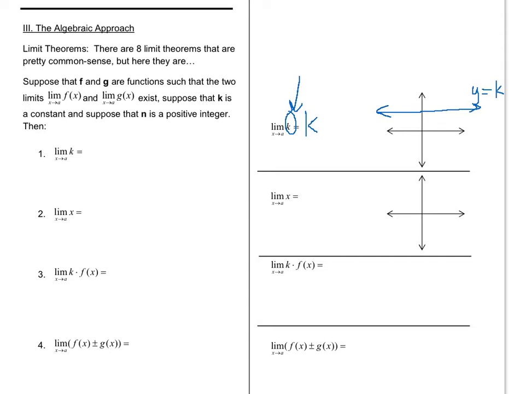If you take a look at the next one, the limit as x approaches a of the function x. Well, the function y equals x looks something like this.